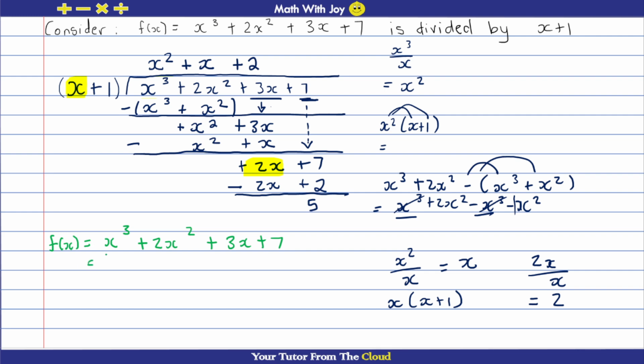This can be rewritten as x plus 1, which is the polynomial that was dividing, multiplied by the answer at the top, x squared plus x plus 2, with a remainder of 5.